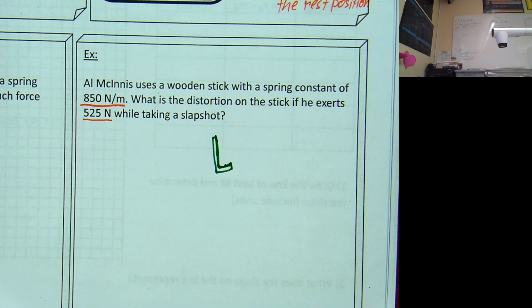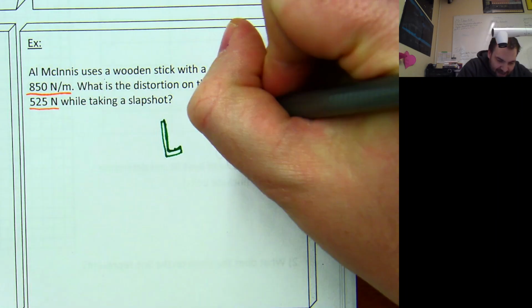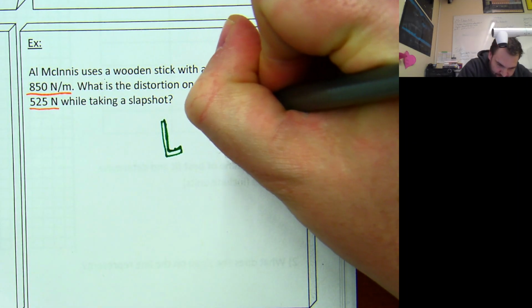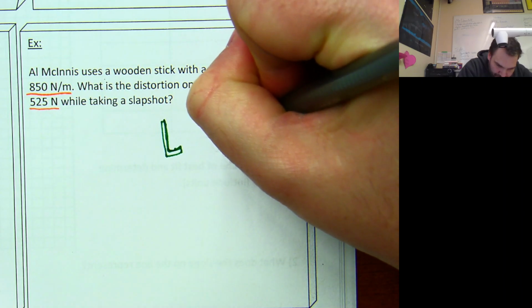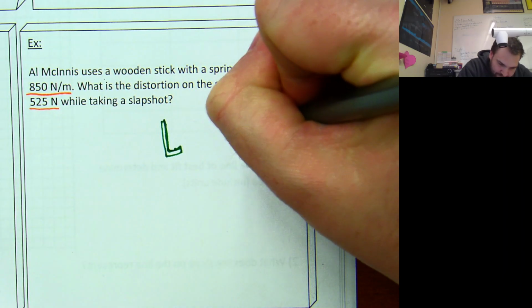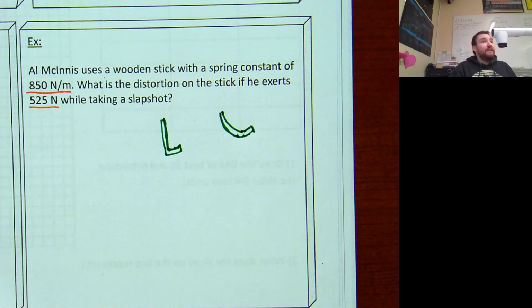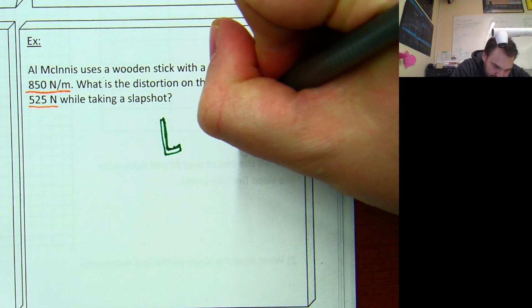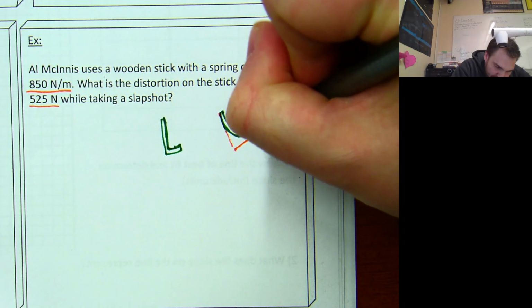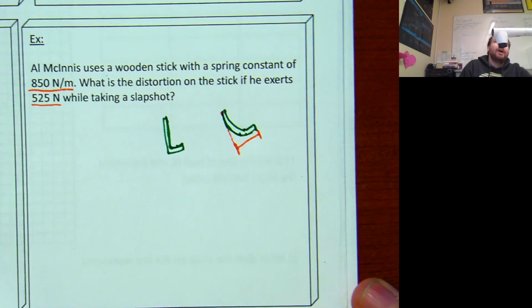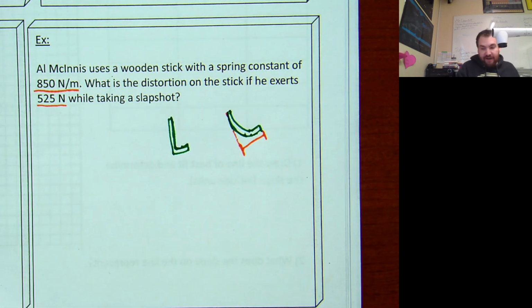And they do it such that the tip of their stick drags along the surface of the ice, and when it comes in contact with the puck, as they raise the stick, it snaps back. So these guys get these incredible slap shots. So what you have here now is a stick that, instead of looking straight like this, actually ends up looking like this. And the whole thing bends. And what we want to find is, what is the bend on the stick, or the distortion on the stick?